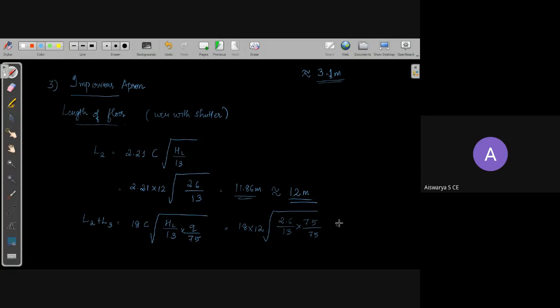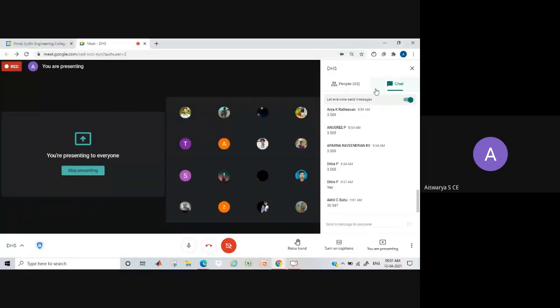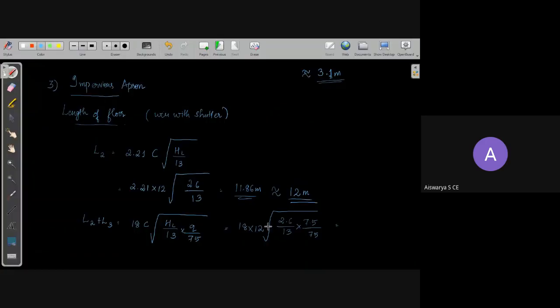The value of L2 plus L3 is 30.54 meters.